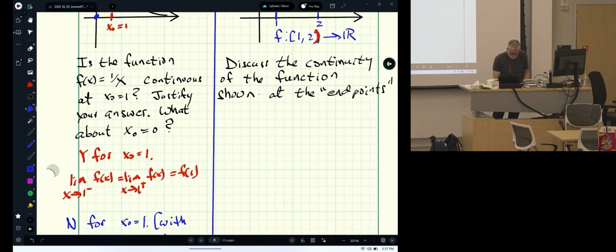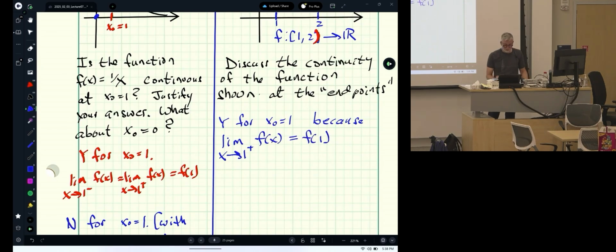So yes, for x0 equals 1, that's because the limit as x approaches 1 through bigger values of f of x equals f at 1.